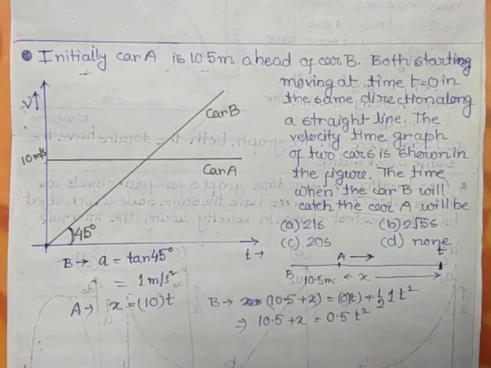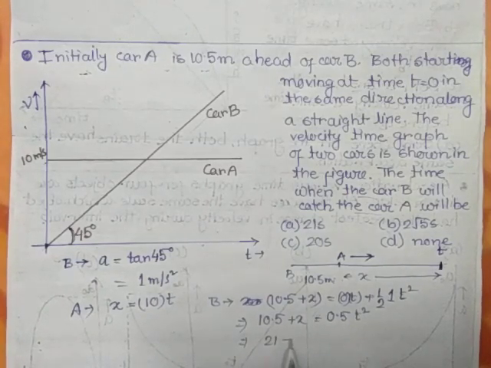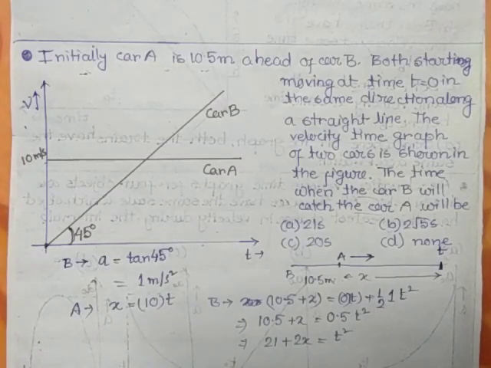So 10.5 we can write as 21 by 2, and this as 1 by 2. So we can say 21 plus 2x equals t squared.